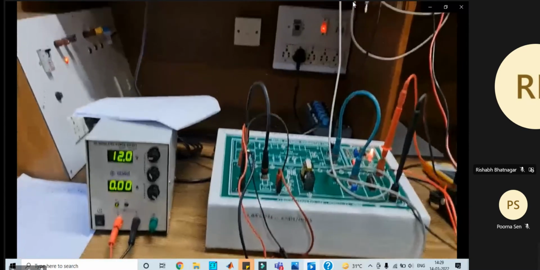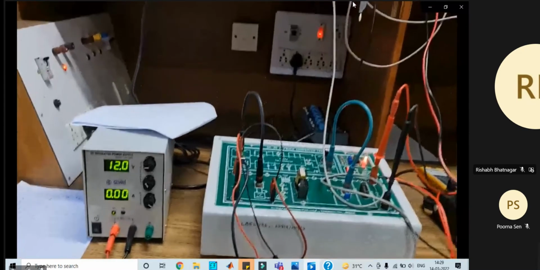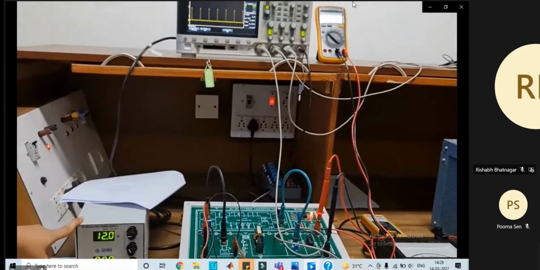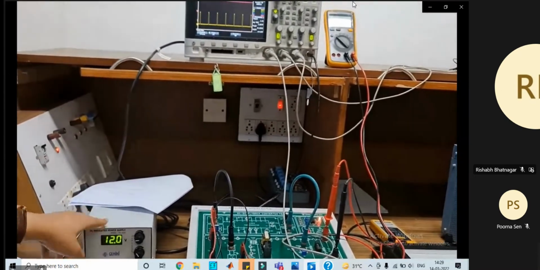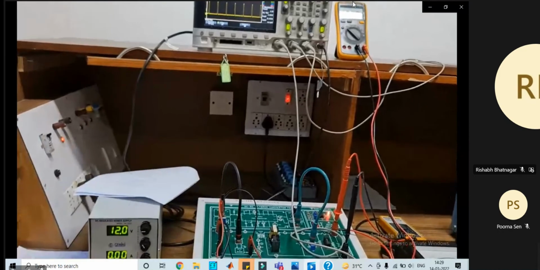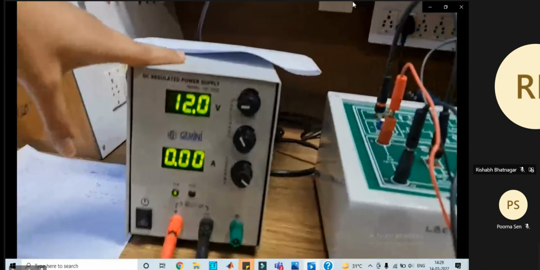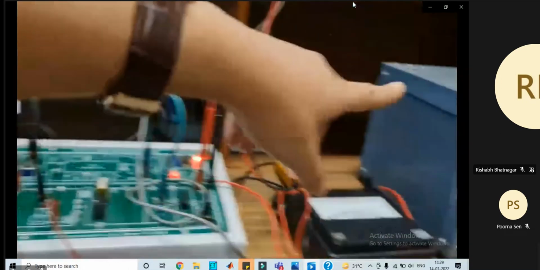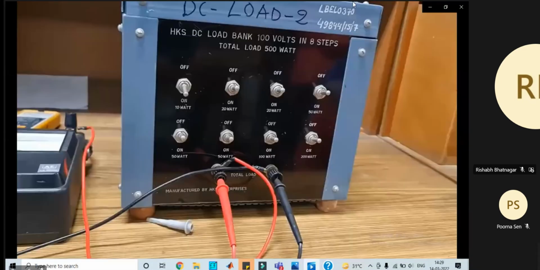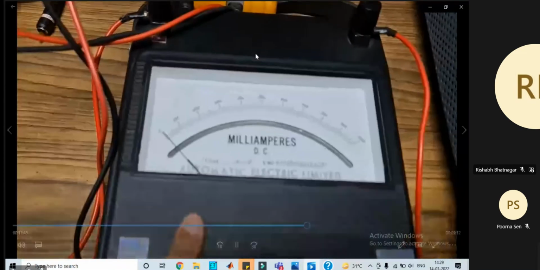The previous table was for input voltage variation, where the load was fixed at 80 milliampere and the input voltage was varied from 6 volt to 18 volts. Now in the second table, we will keep the input voltage fixed at 12 volts and we'll vary the load, and we'll see how the output current or load current varies, the duty ratio and the output voltage.